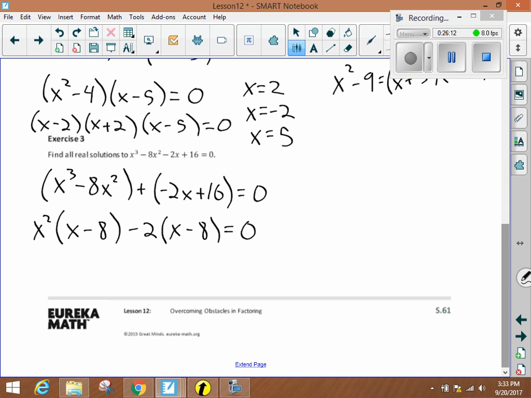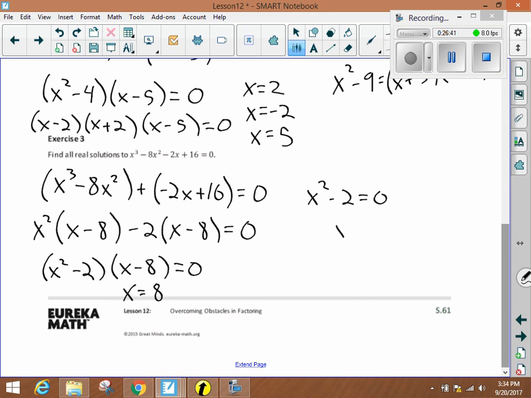All right, and it turns out that now I factor the x minus 8 out, and I wind up with x squared minus 2 times x minus 8 equals 0. And x squared minus 2, that is not difference of squares, right? So clearly one of our solutions is x equal to 8, and the next solutions I can find by solving x squared minus 2 equals 0.